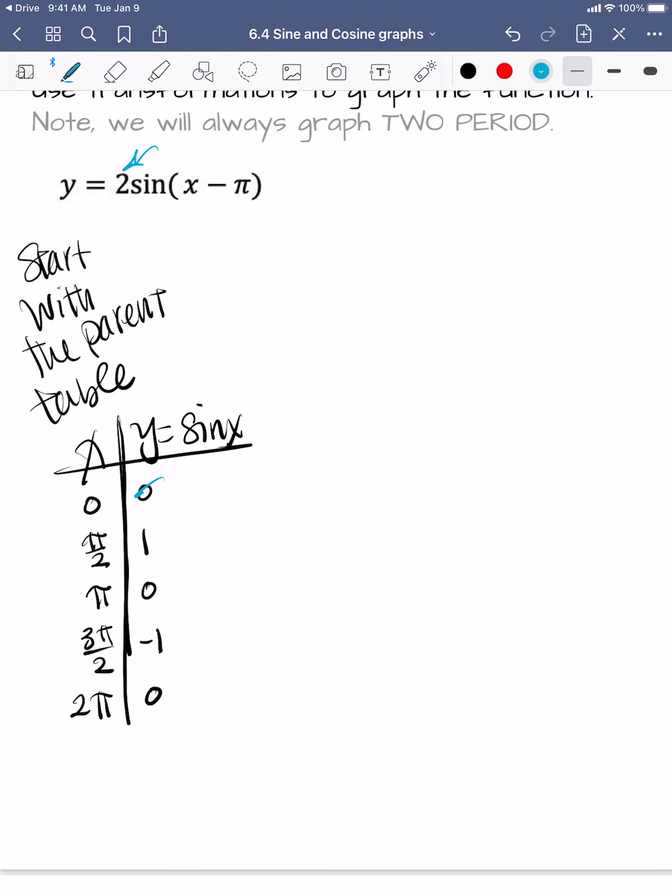So, multiply the y's. And then this is really x minus positive pi. Remember, it's always in that form, x minus h. So if it's still minus, it's because we plugged in a positive number. So I'm going to add pi to the x values.